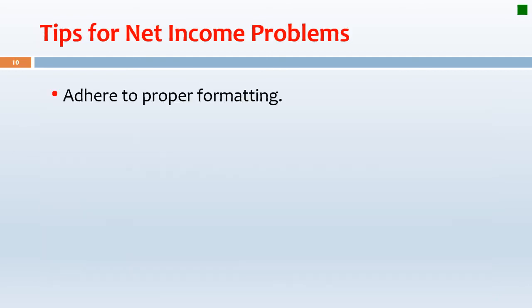So here are some hot tips for responding to net income problems. First off, make sure you adhere very closely to the format that I've suggested for you. These questions become more and more complicated as the course progresses. It's a pretty good idea to get the proper formatting down now. Make sure you subtotal at the end of each step. This is going to prevent you from overlapping incorrect components of the formula.